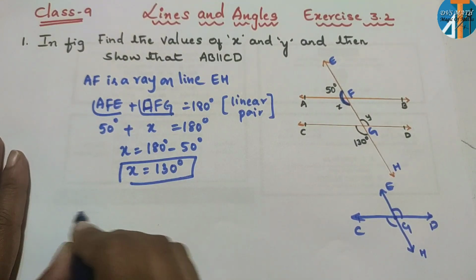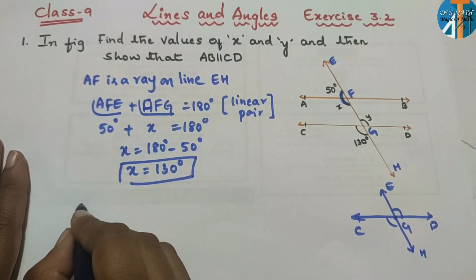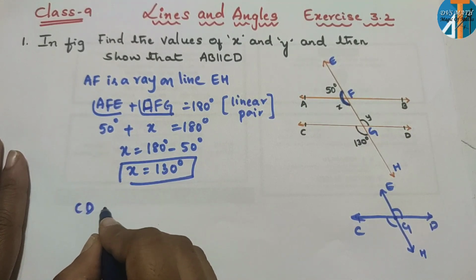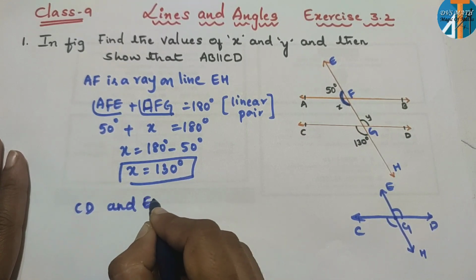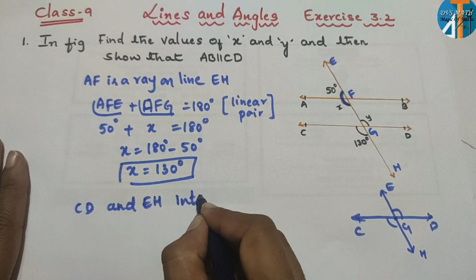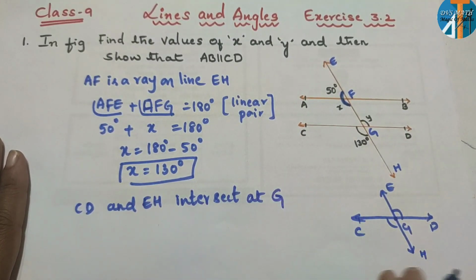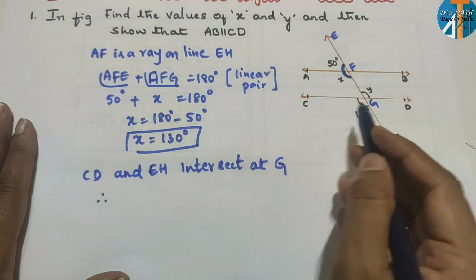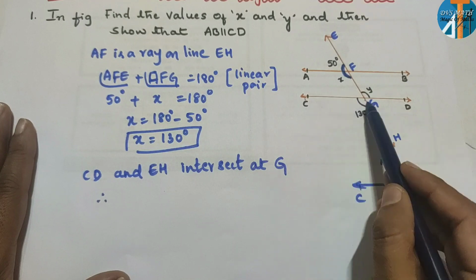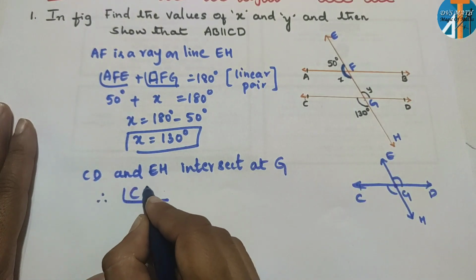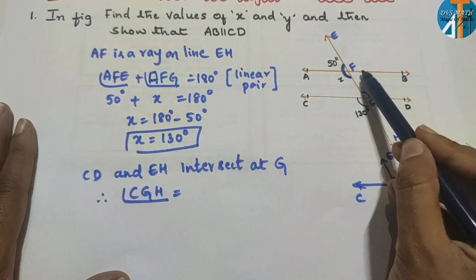From the figure you can write that CD and EH intersect at G. Therefore angle CGH is equal to angle FGD.